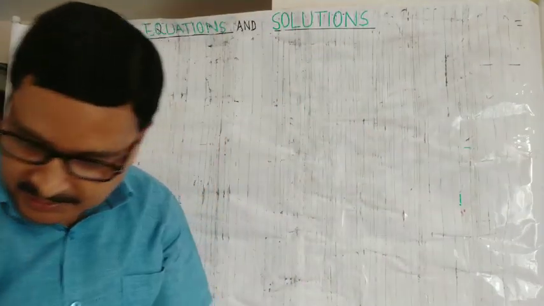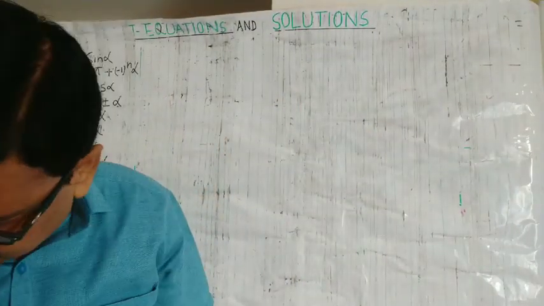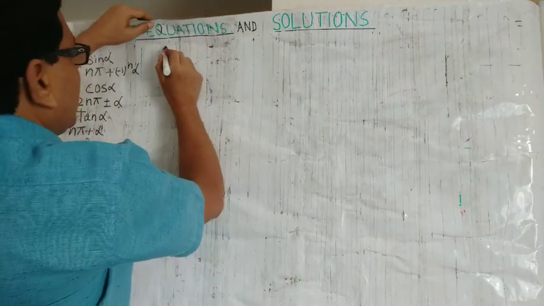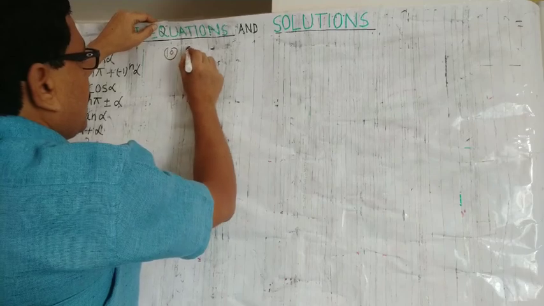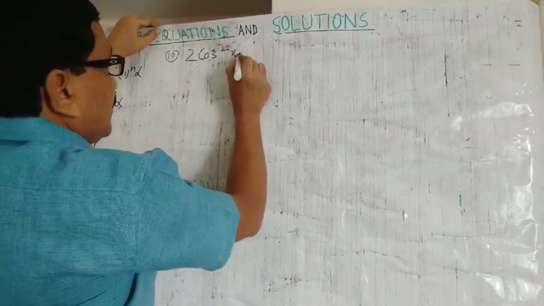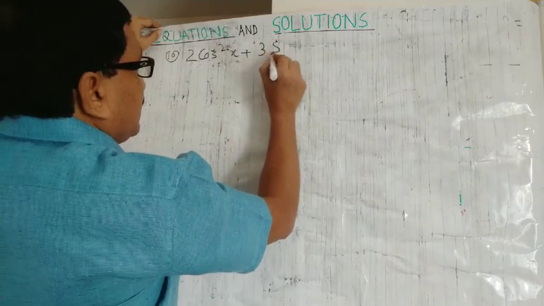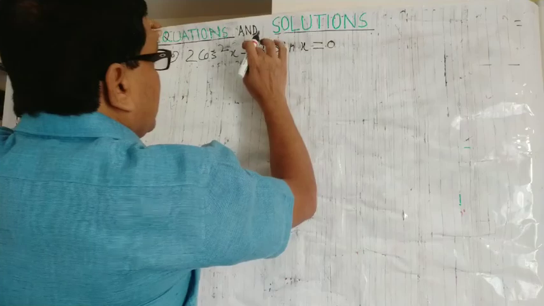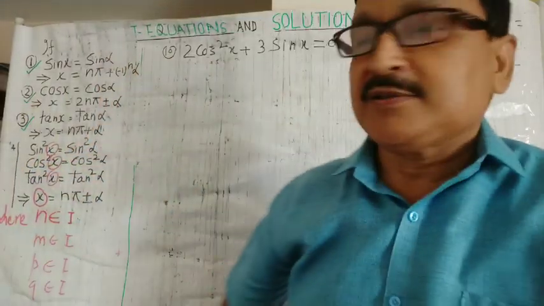Just see the next urgent problem, 10th number: 2 cos square x plus 3 sin x. Very difficult, students.